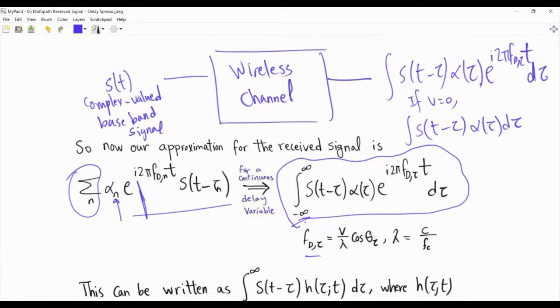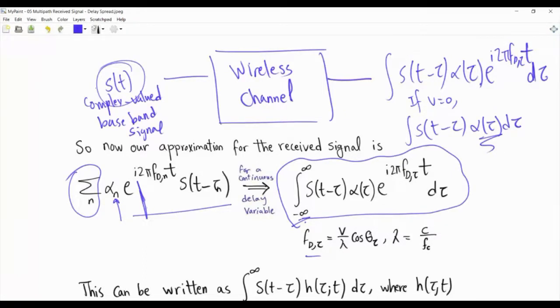It's a convolution integral. So if there is no mobility, then our wireless channel is like an LTI system, a linear time invariant system characterized by the impulse response, which is this function alpha. To get the output, you just convolve the impulse response with the input signal.